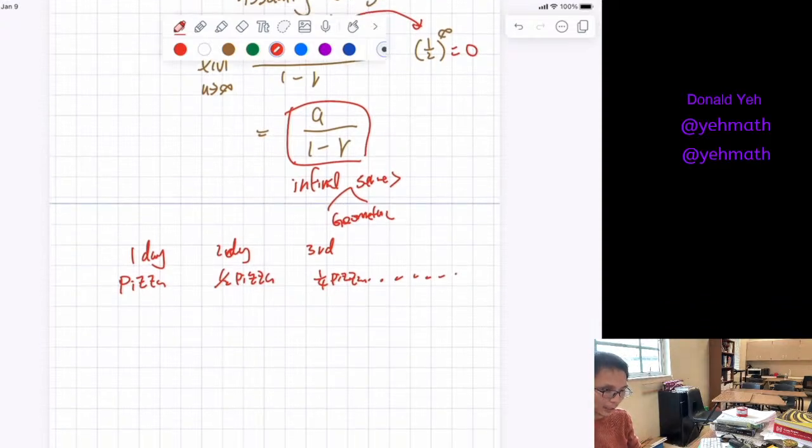So your A1 is what? The sum from n equals 1 to infinity. A1 is what? 1 pizza, right?